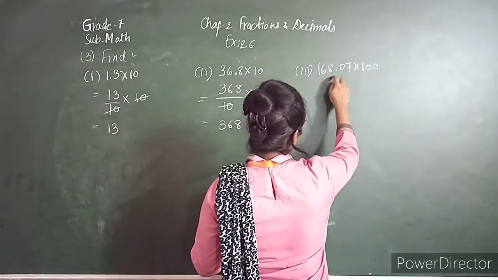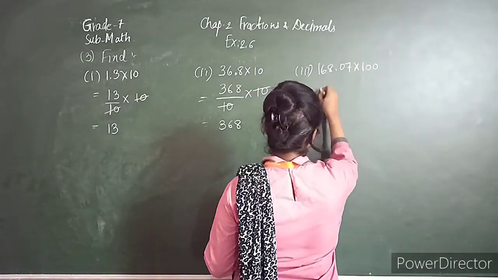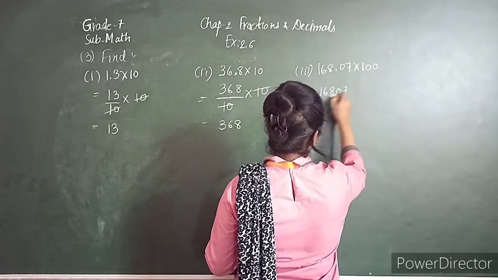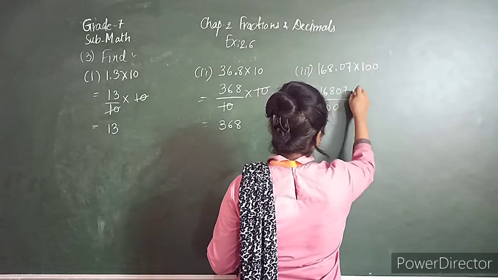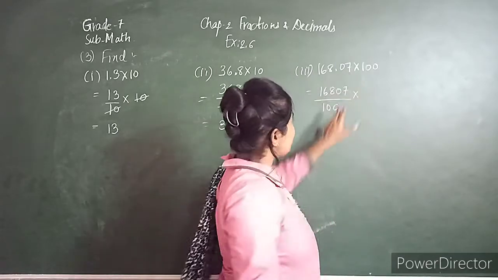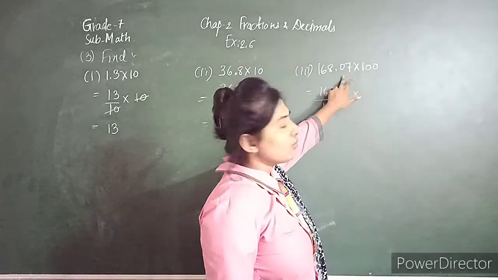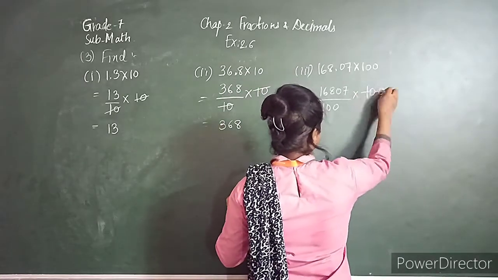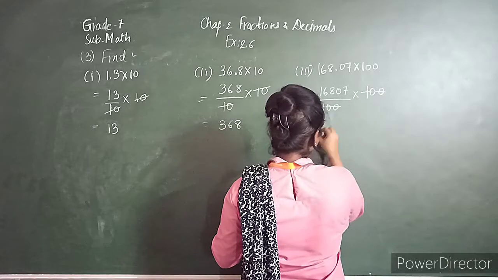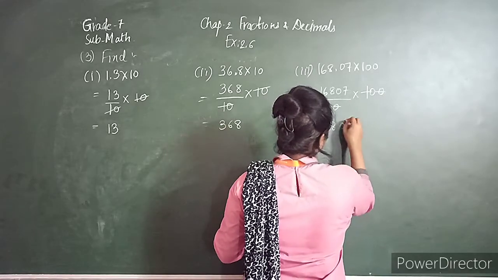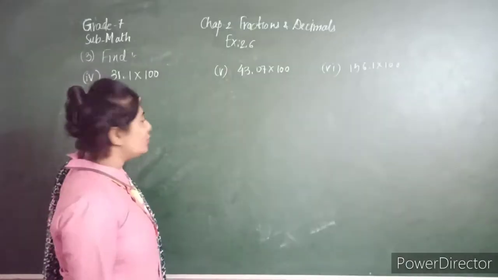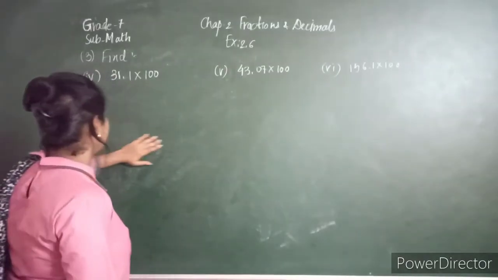The next number, 168.07 into 100. Here the point is before two numbers, so we write 100 in the denominator, and here also 100. The 100 is removed, so it is 16,807.